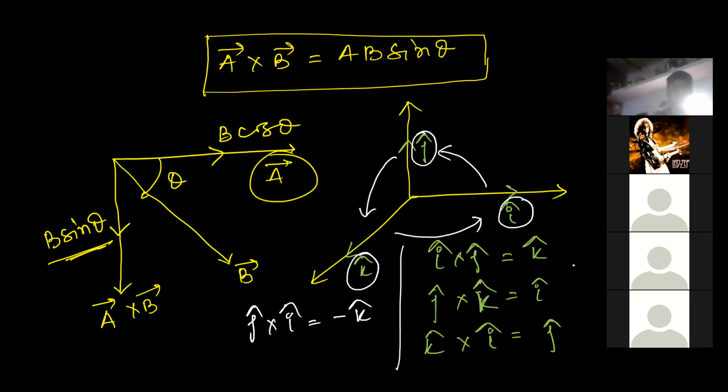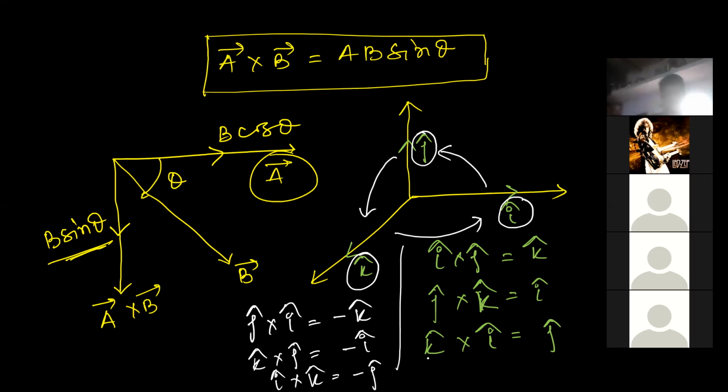Suppose here we are moving in an anti-clockwise direction, so that's why I am getting these products. Now, if I rotate in clockwise direction, all of the answers will have the minus sign. So for the second product, k cap cross j cap equals minus I cap. And for the last one, I cap cross k cap equals minus j cap.